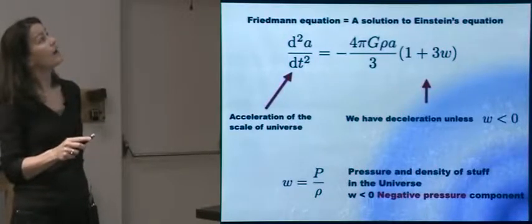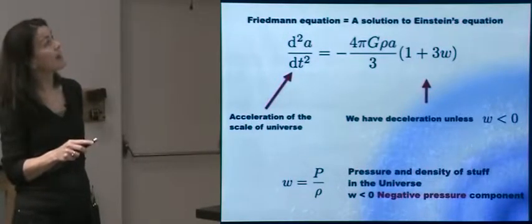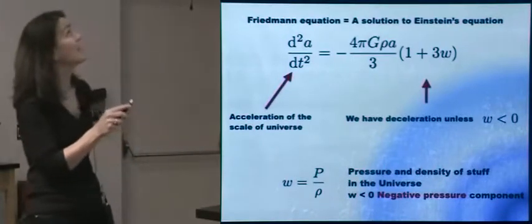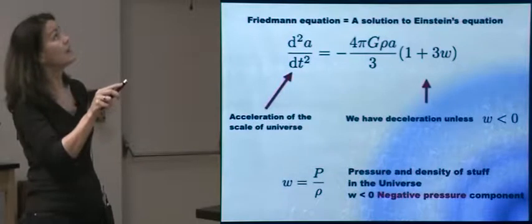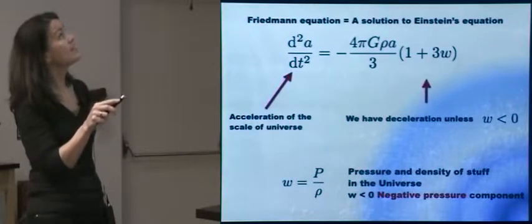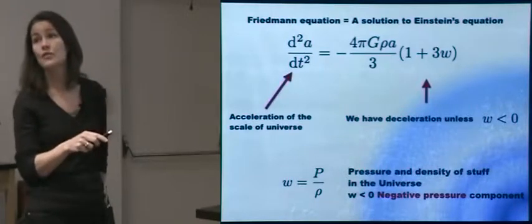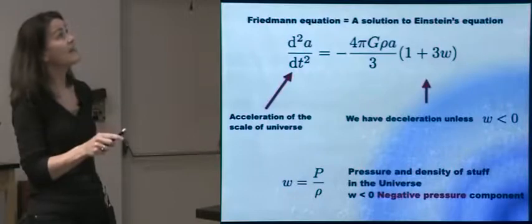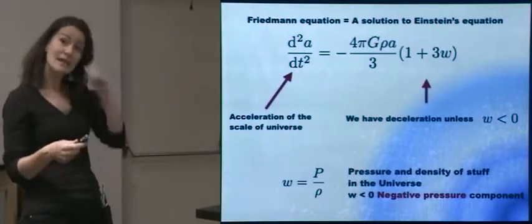Okay. Sorry, that's wrong there. That should be acceleration unless, yeah, we have deceleration unless W is less than 0. So basically, deceleration is a negative sign on the right-hand side here. So what we want is this right-hand side to be positive overall. Okay, we want acceleration because that's what we observe. In order to get that, this parameter W here has to be less than 0.